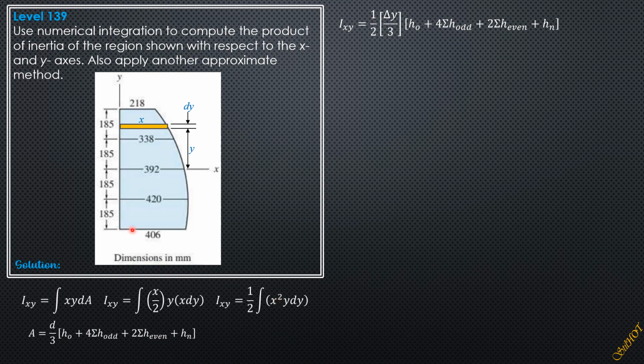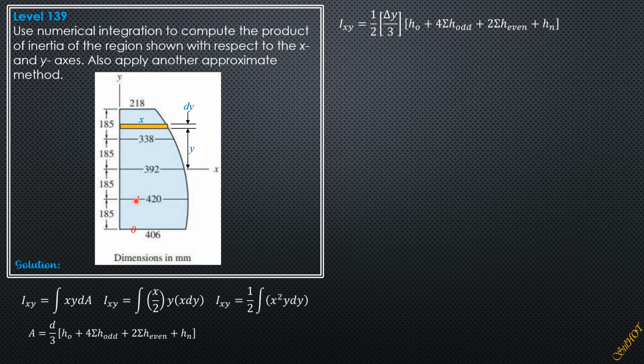So let's begin with this part, call that 0, where x is 406. So 406 square, its y is 185, 185, so 370 below the x-axis, so that's negative 370. This is the first, h1. X is 420, so 420 square, its y is negative 185.